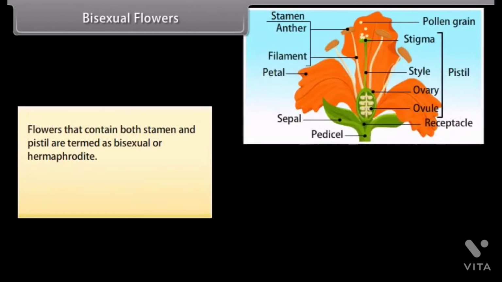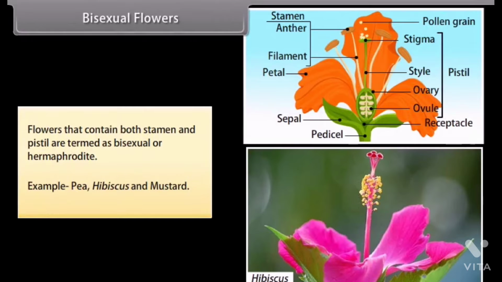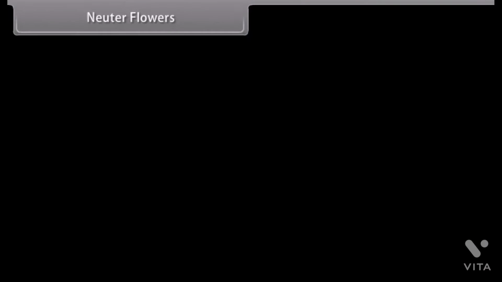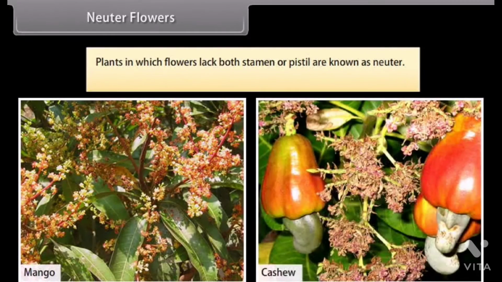Flowers that contain both stamen and pistil are termed as bisexual or hermaphrodite. Example: pea, hibiscus and mustard. Neuter flowers. Plants in which flowers lack both stamen and pistil are known as neuter. Example: mango, cashew.